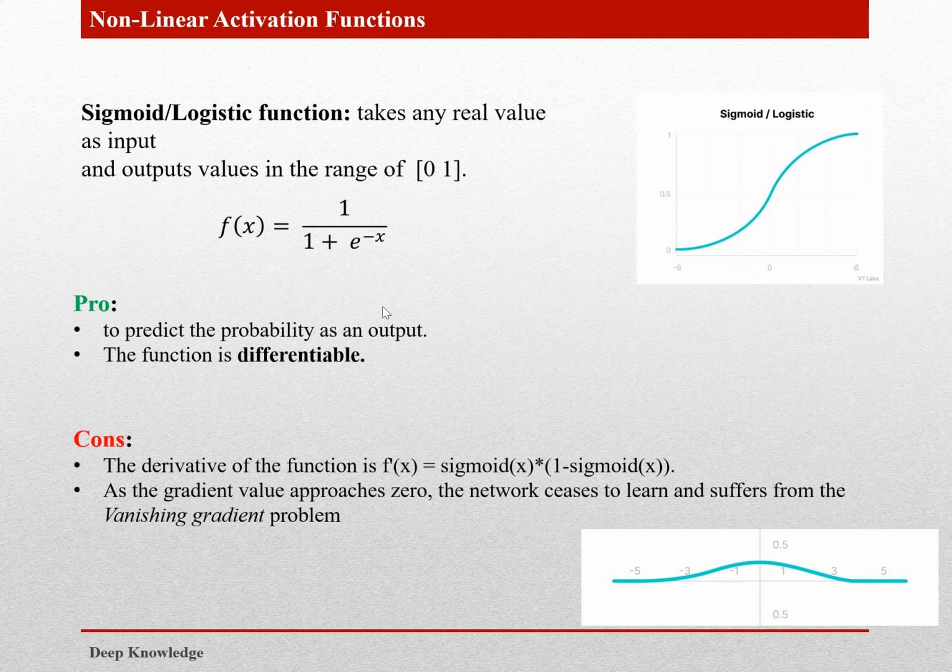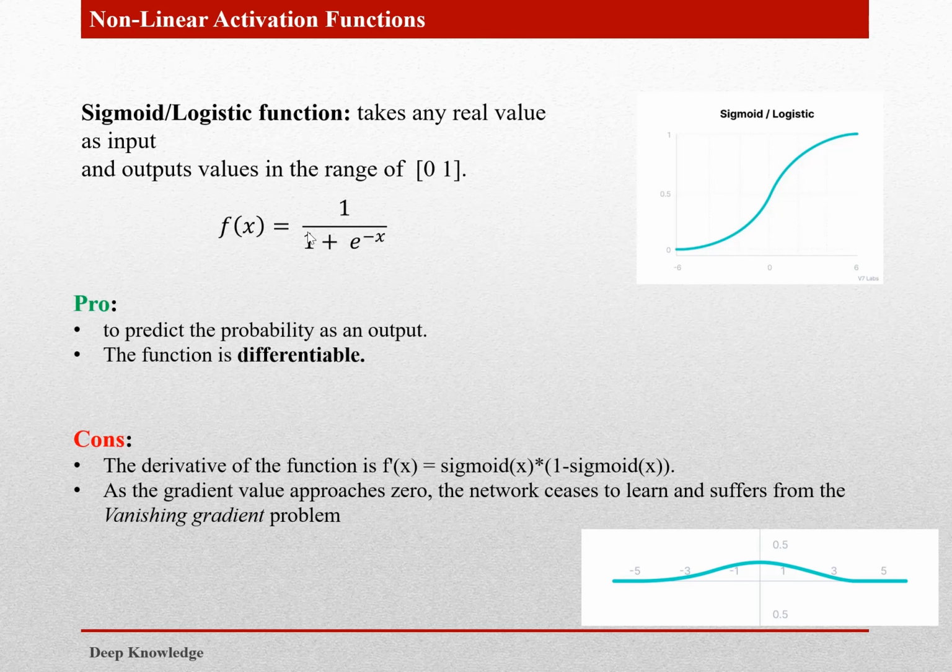Let's start with nonlinear activation functions. The first one is sigmoid, or logistic function. It takes any real value, and the output will be between 0 and 1. You can see here that x can be any value, but the output will be between 0 and 1.